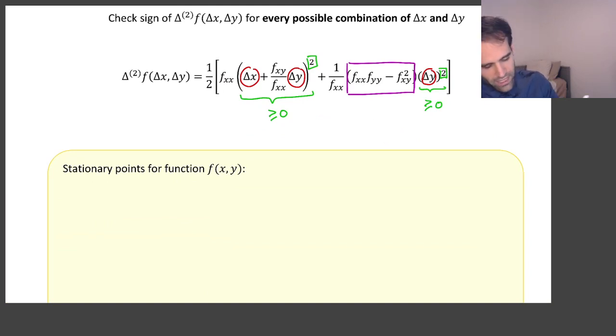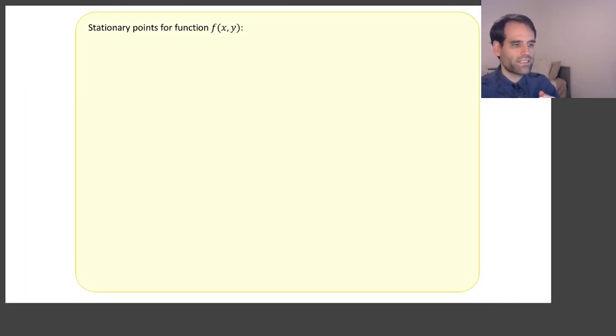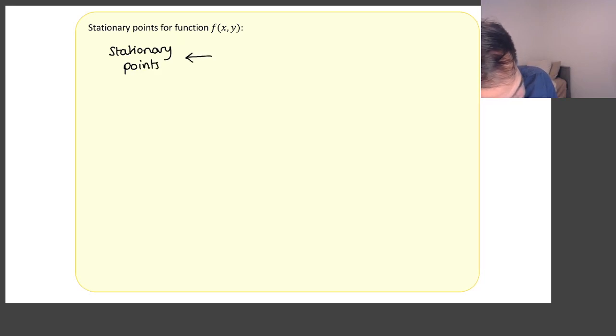Okay? So I can summarize everything in this golden box. Okay? And this golden box is something that I give you in the exams, in the list of equations. So basically, this is how it works. To find the stationary points, we need to check that the first order term in the Taylor expansion equals 0.